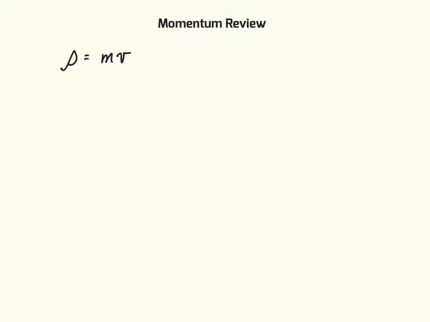Now our units for momentum: we're multiplying mass times velocity, so we just have to look at the units for those two quantities. Our units for mass are kilograms, and our units for velocity are meters per second. Those are our basic units for momentum.